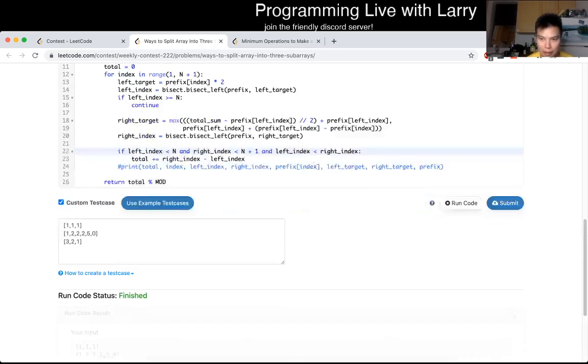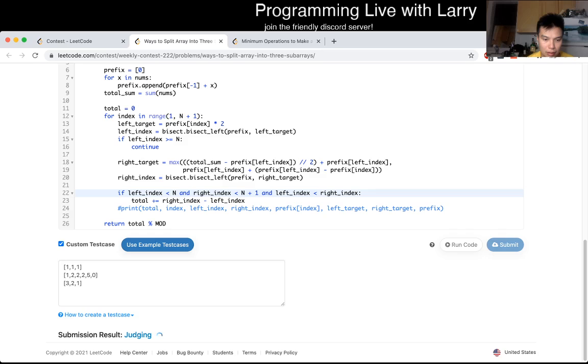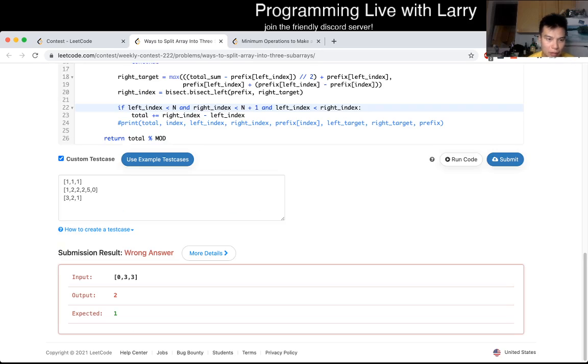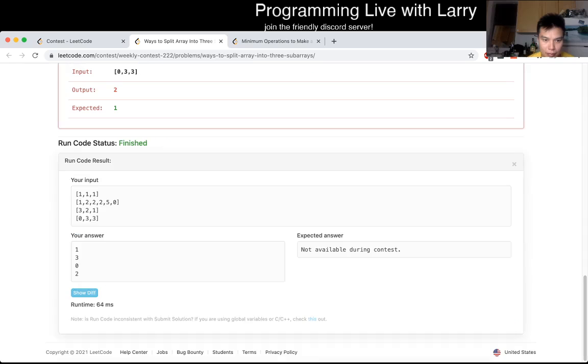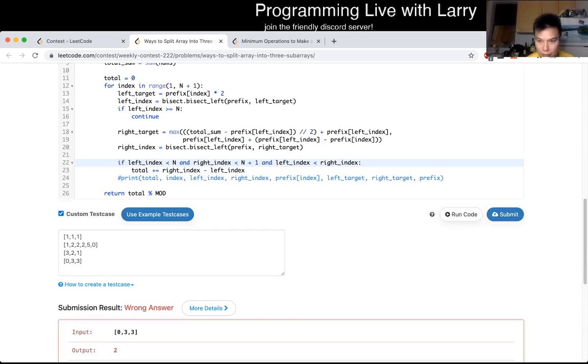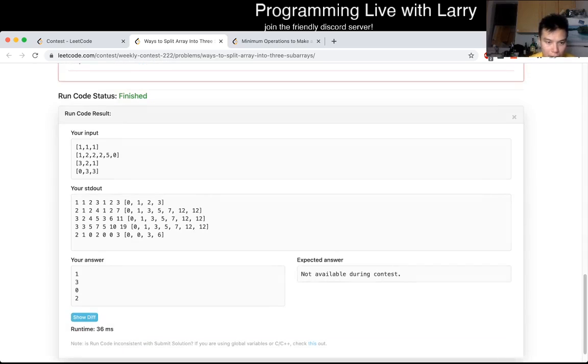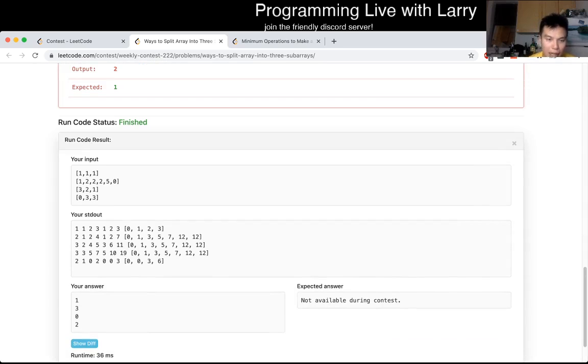I don't think this is right just by luck, but let's give it a submit. Yeah, I didn't think it was going to be right. This is too hacky to be right. So this is 2 because, yeah, I actually knew that the zeros might be an issue.